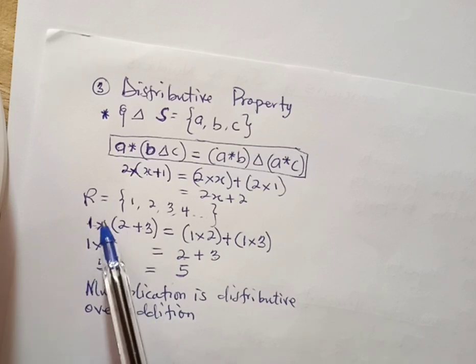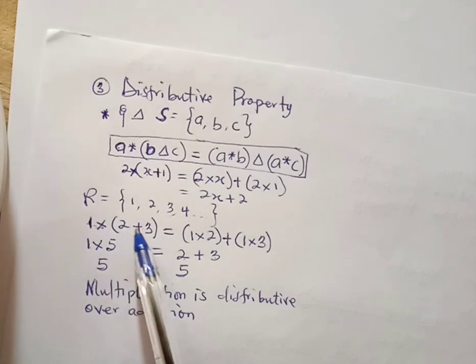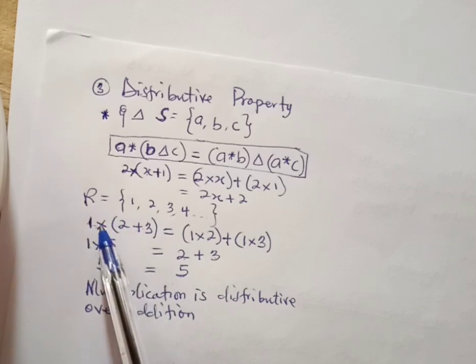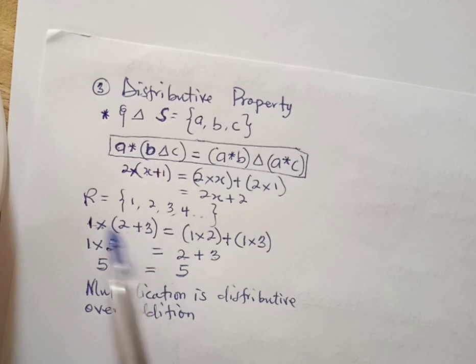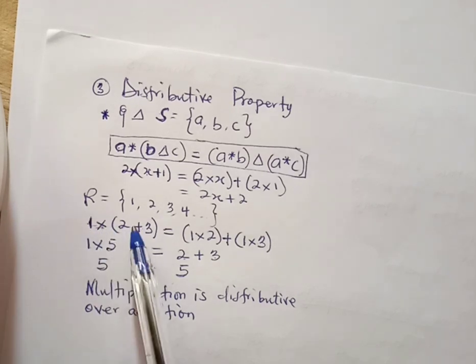Now, don't say that because this time it is multiplication first, you are going to change it and bring the addition first, because if I should bring addition first, how does it work? We can't expand the bracket.